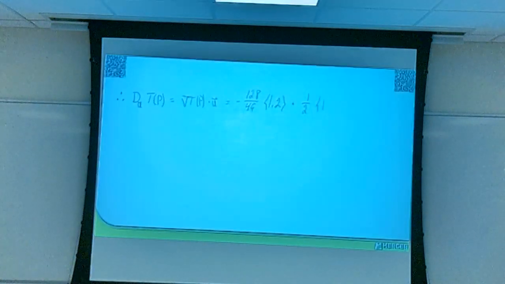That's what, 1/3? That's what we're left with. What's 128 over 49 times a half? 64 over 49. Now take the dot product. That is your change in temperature.